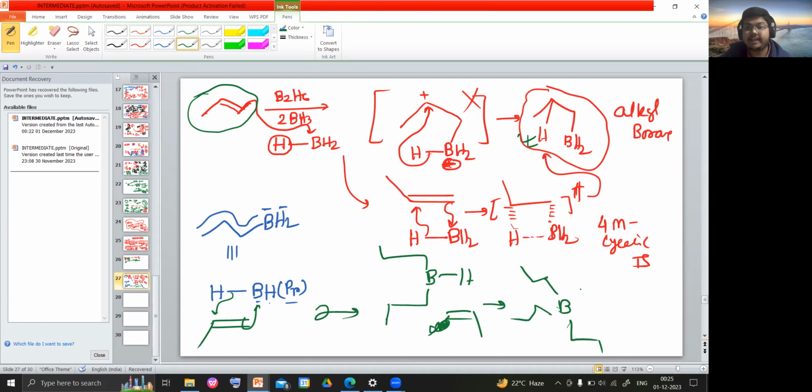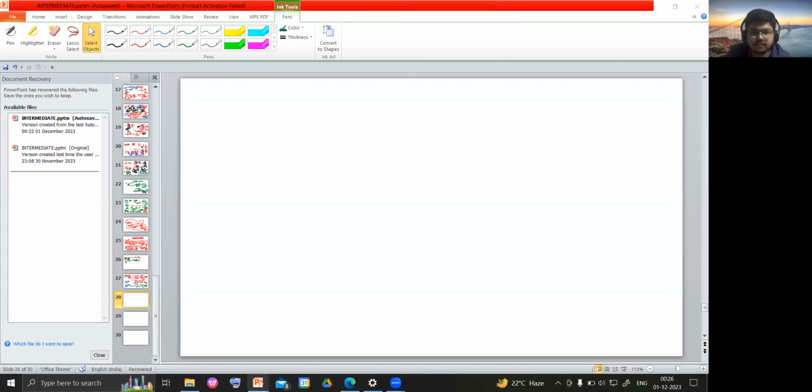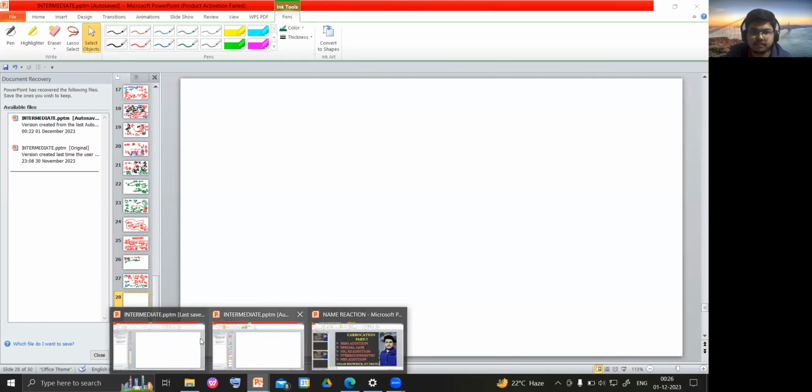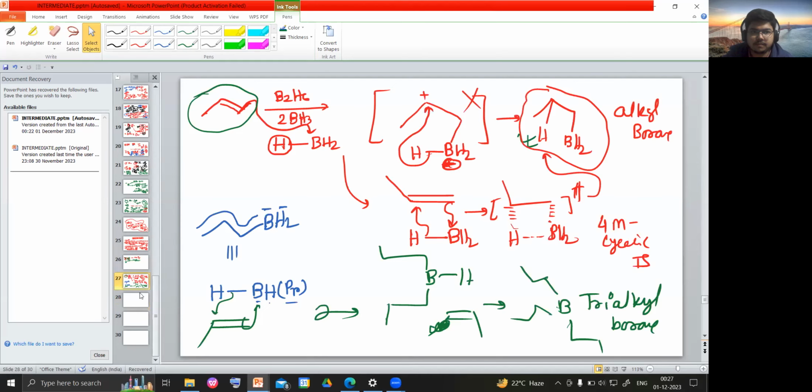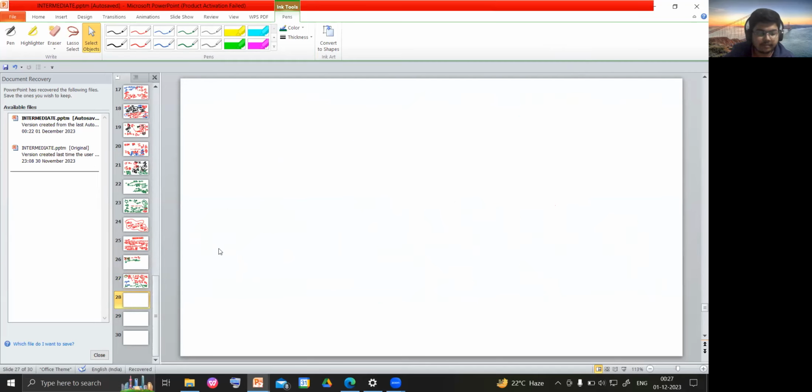That is a trialkyl group with boron. This is actually trialkyl boron, BR3. So in this way, our trialkyl boron compound will form.